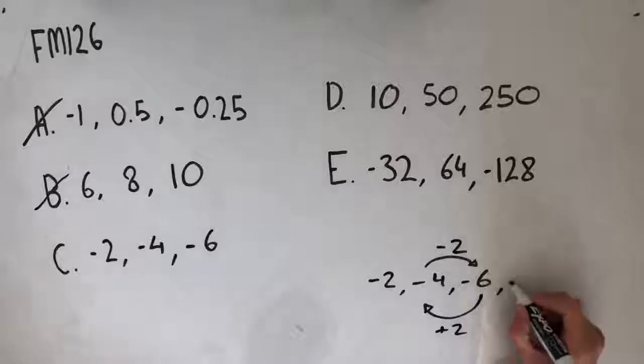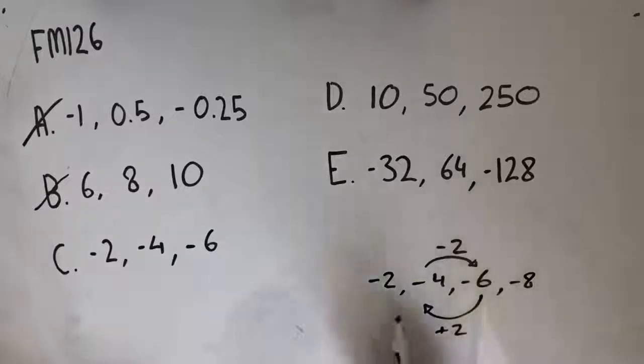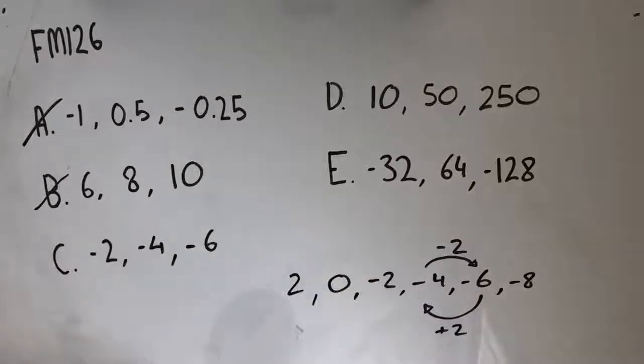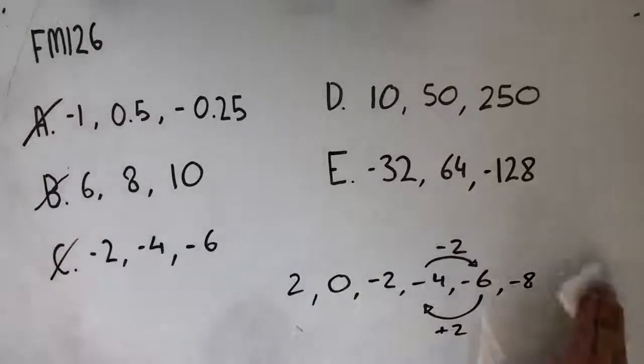So if we were to continue in this direction, we'd hit -8. That's not in the direction we want to move to see if 2 is part of this sequence. So we'll move the other way, adding 2 each time. So -2 becomes 0, which is going to, of course, become 2. So once again, 2 will be in this sequence, meaning C is not our answer.